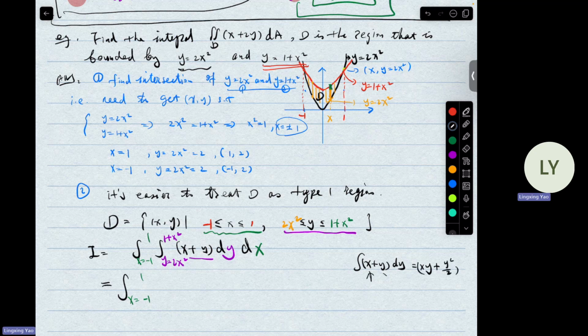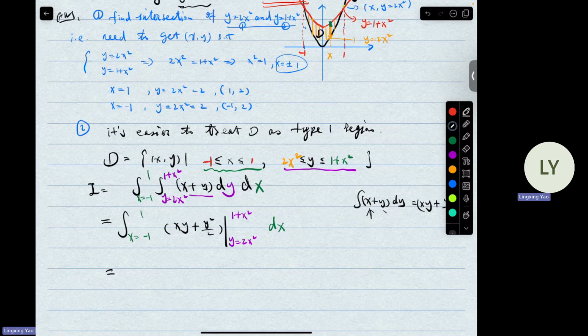So we got x times y plus y squared over 2, and then the y variable will be evaluated at 2x squared and then 1 plus x squared. Then we have dx.